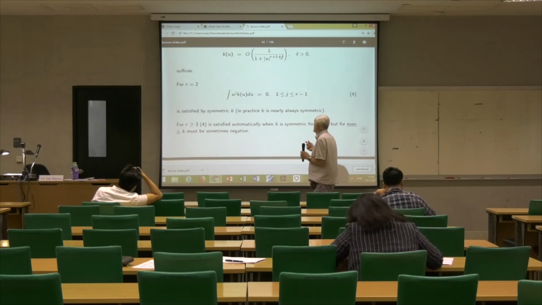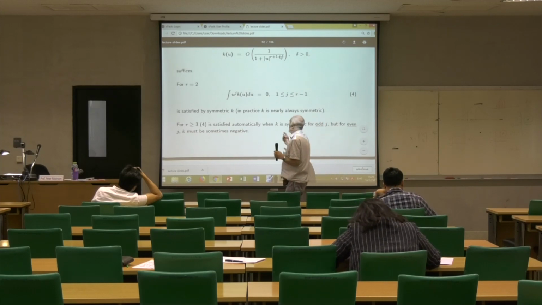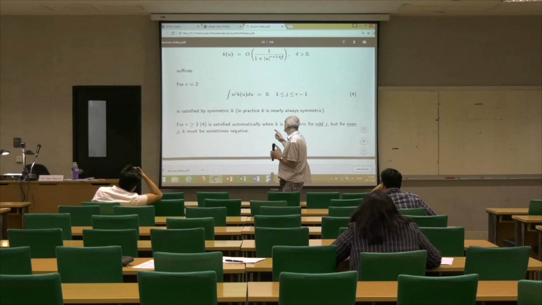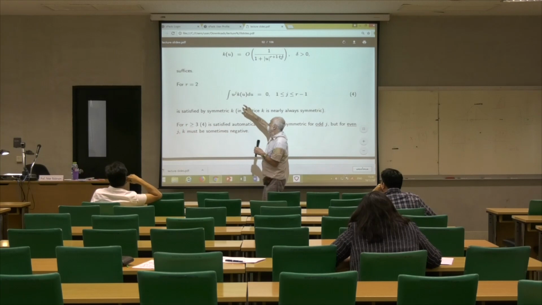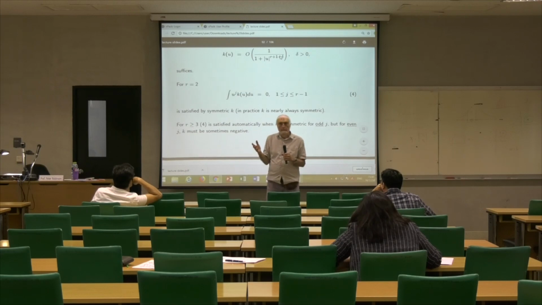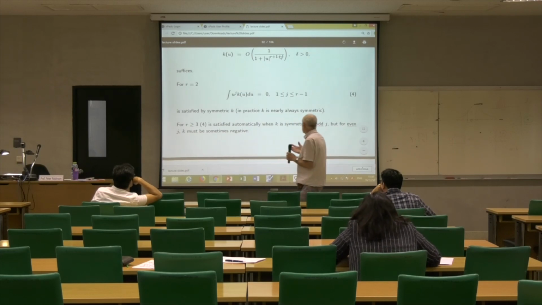However, what about if j equals 2? Supposing r equals 3 or 4 or something, for those cases, the integral of u squared times k has to be 0. And that's not innocuous.